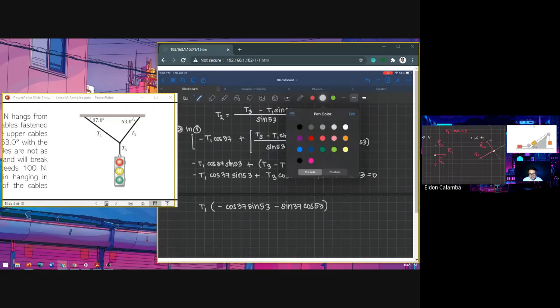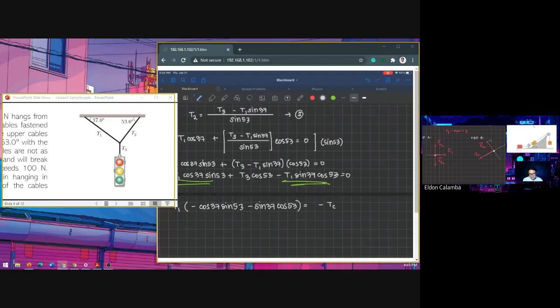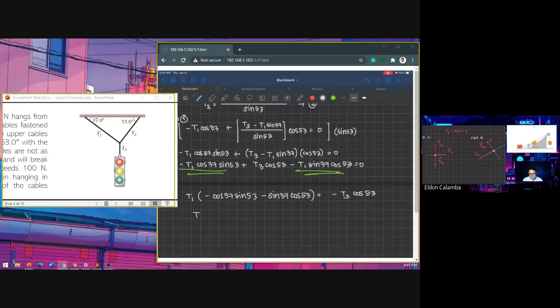Ito siya ha. This one and this one. Equal to negative T3 cos 53.